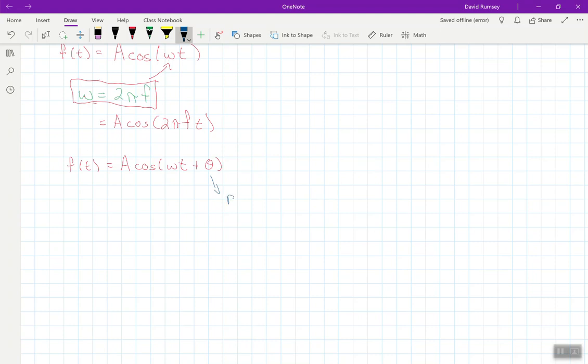This theta is referred to as a phase shift, because normally a cosine function looks like the following. You start up high, then you go down, then you come back up, then you go up high, then you come back down, and so on, in both directions, and it goes on forever. So this is a cosine function with no phase shift.